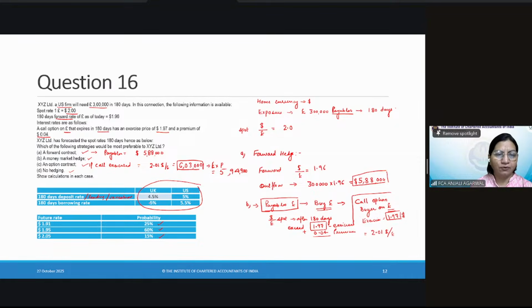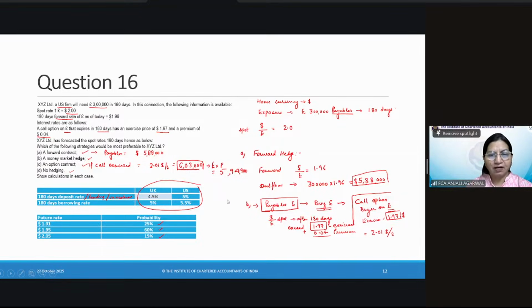But if you have to borrow in UK, then it is 5%. Similarly, if the deposit is to be done in US, you would get 5%. But if you are borrowing in US, then you will have to pay 5.5%. These rates are annual, so you have to calculate the 180 days rate.